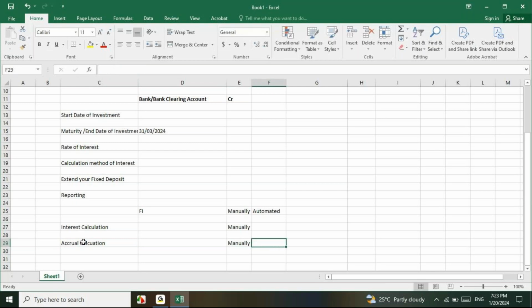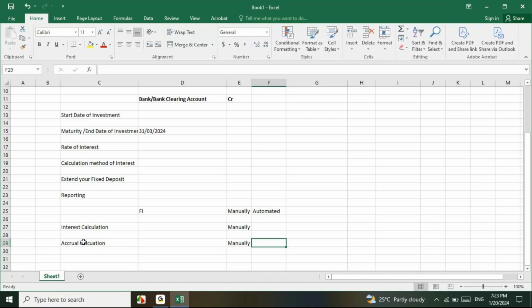What is accrual calculation? Let's say you have done an investment for 3 months. You have done the investment today, and the maturity would be, let's say, on 31st March 2024. In that case, we perform some kind of month-end activities, and the purpose is accrual.